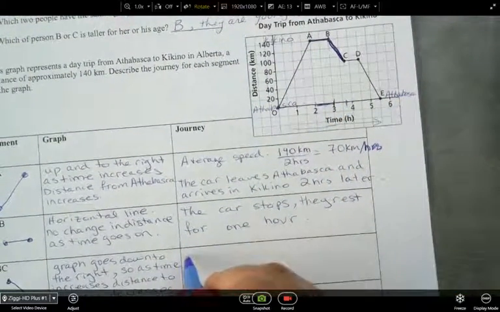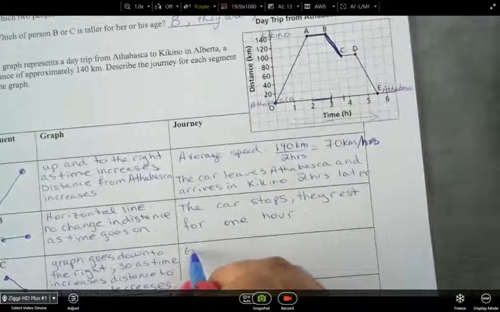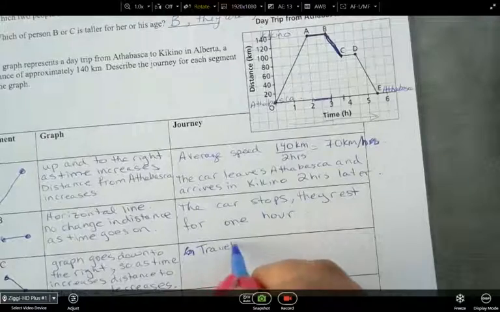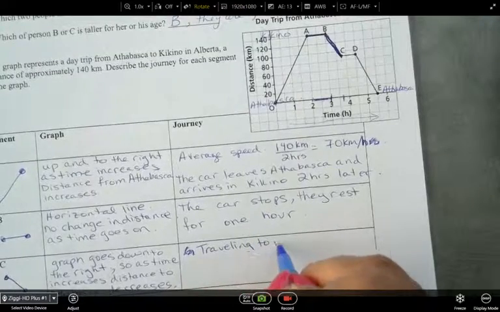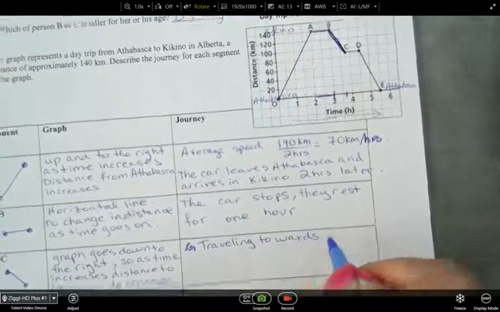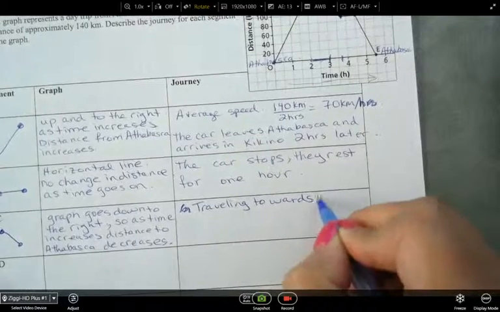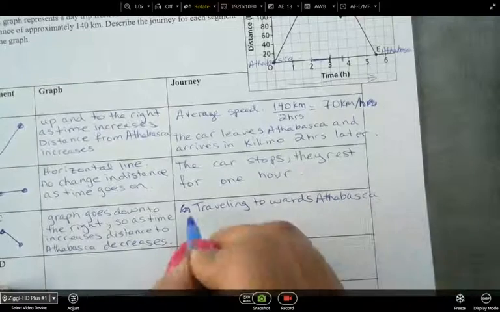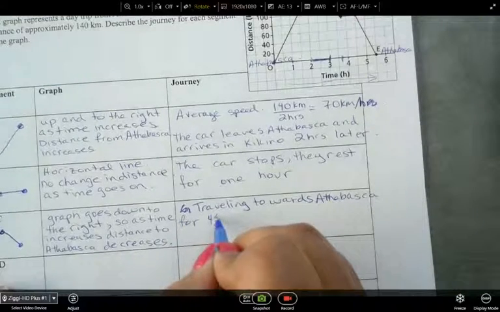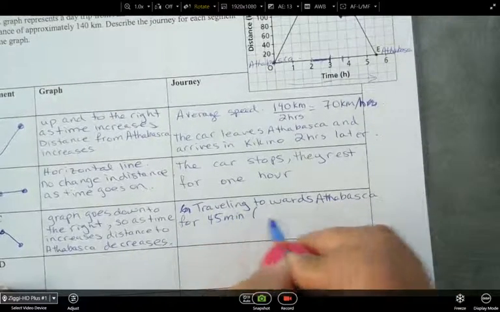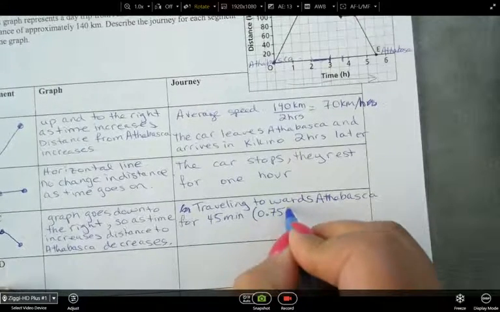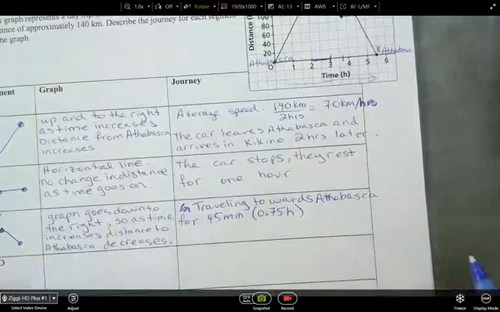So we return back home, so we're traveling towards Athabasca for 45 minutes. What's another way that I could say 45 minutes? 0.75 hours. Okay.